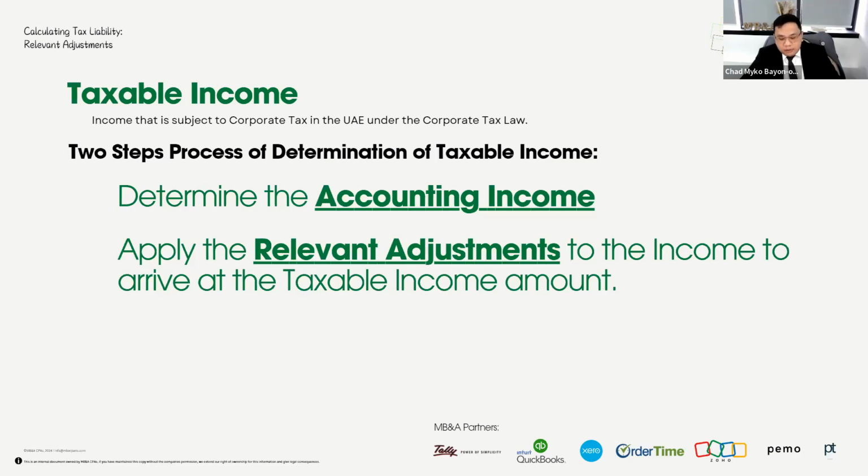But please take note that if you go for small business relief, consider as part of your decision factors that if your company for that year has losses, then it could actually do some recovery. But if you don't have losses and you have revenue below 3 million and you apply for SBR, that's absolutely fine.